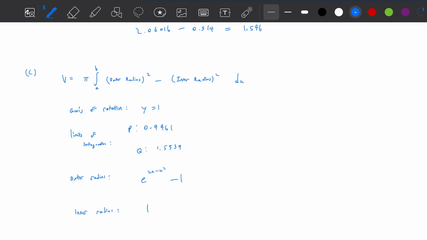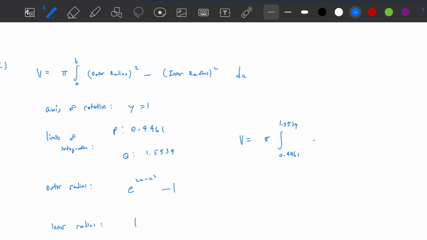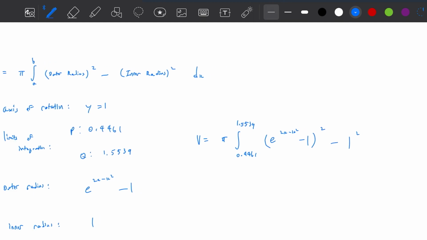So substituting all these components we found in the formula, we see that V equals pi times the integral from 0.4461 to 1.5539 of the quantity e to the power of 2x minus x squared minus 1, squared, minus 1 squared, dx.